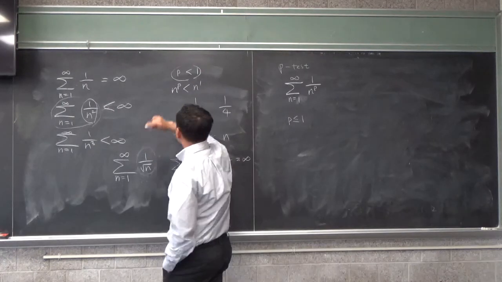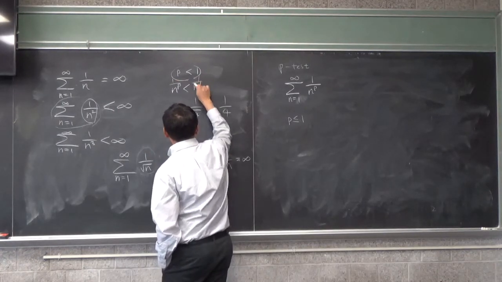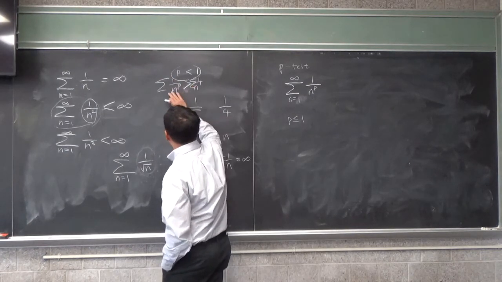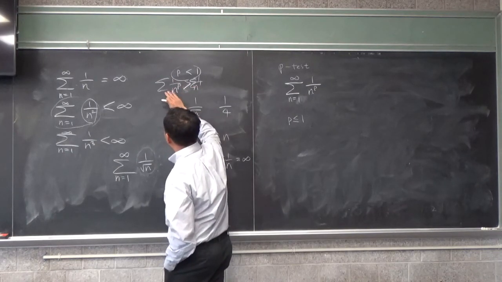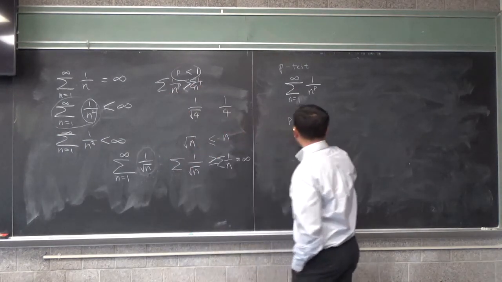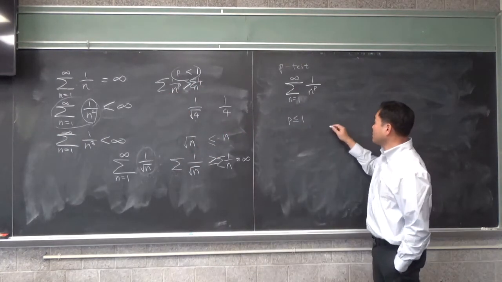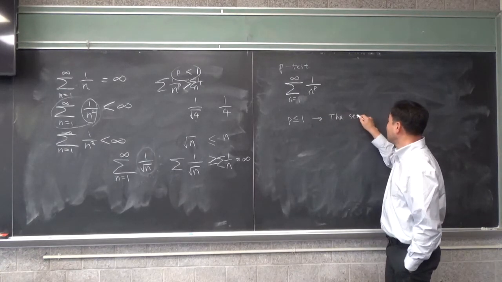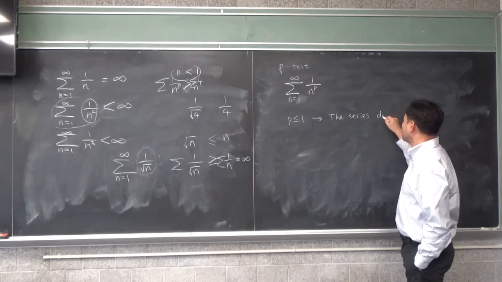Therefore, if you flip it, this will be reversed, so the summation of this side will be bigger than this one, and since this side is infinity, this must be divergent. So if p is 1 or less, then the series diverges.